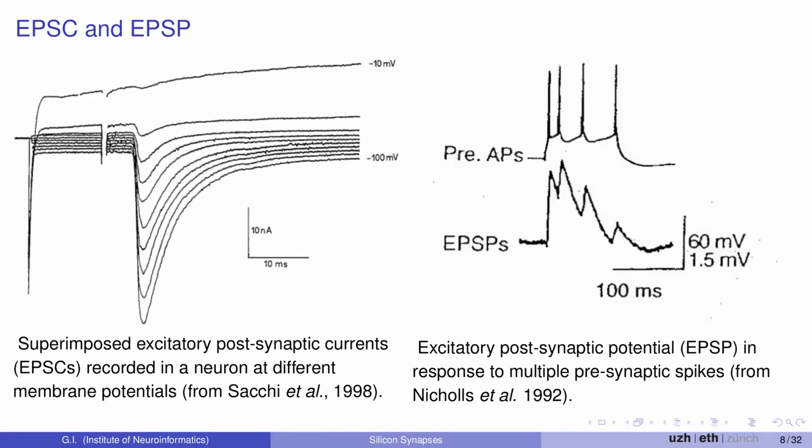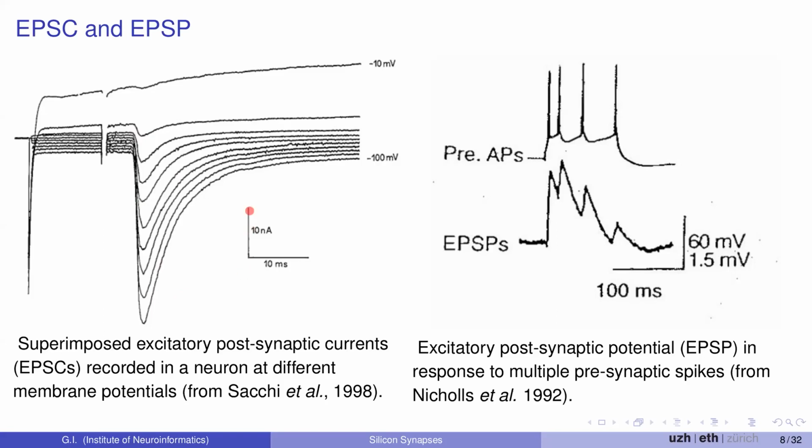This is data measured from real synapses, and you can see we can measure the postsynaptic current that is produced by one of these events. Depending on the weight, which is proportional to the number of protein channels, the probability of these channels to open, and several other factors, we can have more or less current flowing through these synapses.